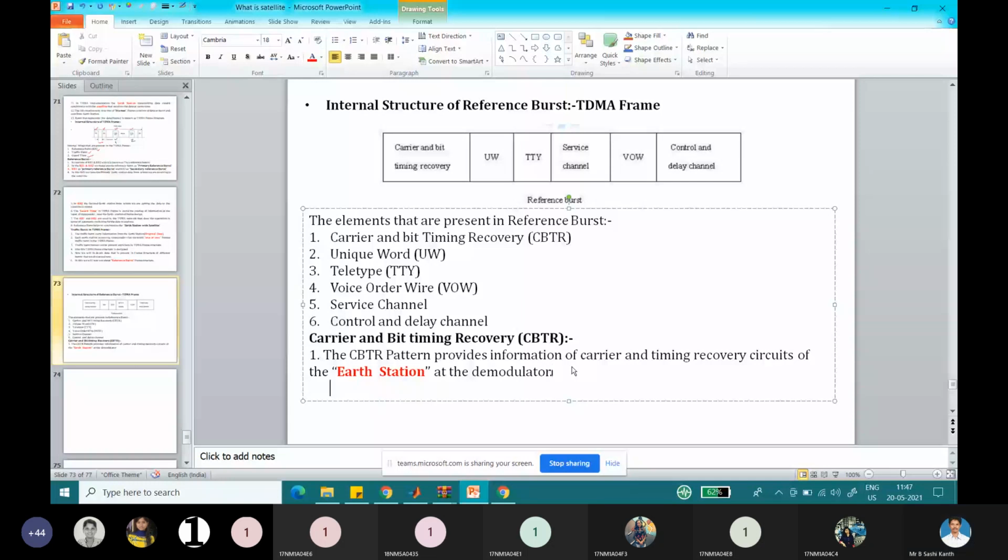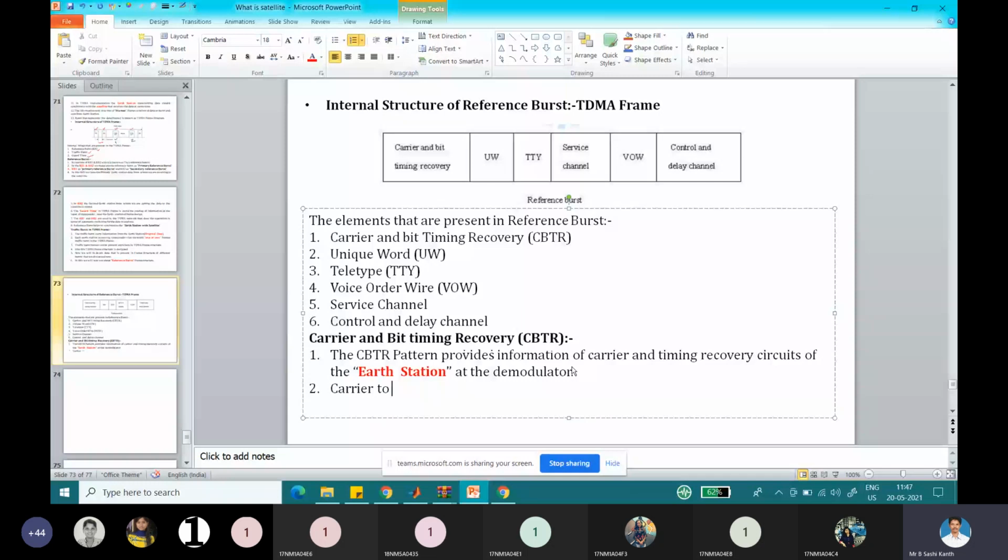Carrier is nothing but a high frequency signal, and the recovery circuit is to regenerate the information.